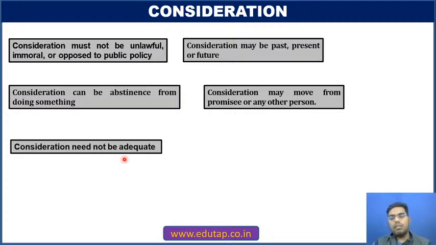That is a valid consideration. Normally it does not happen that I sell you a property for less than its market value. But if I am selling it according to my free will, with my free consent, below the market value, then it does not matter. Consideration can be inadequate also. Consideration need not always be adequate.